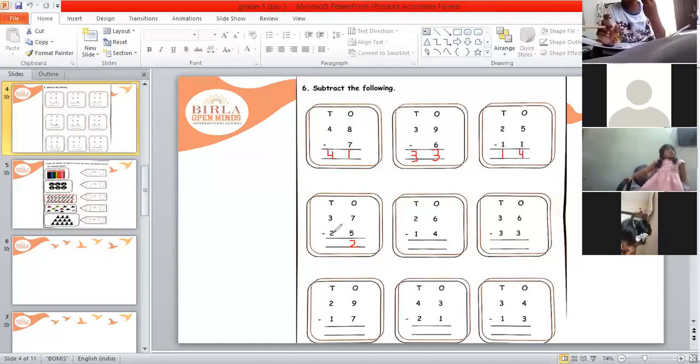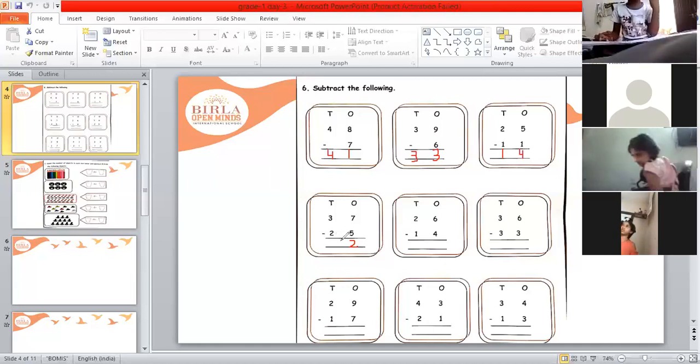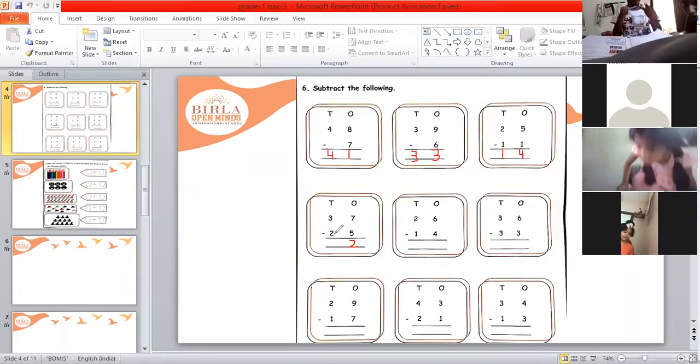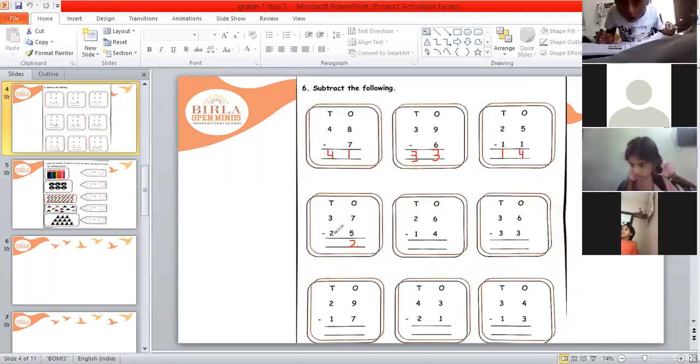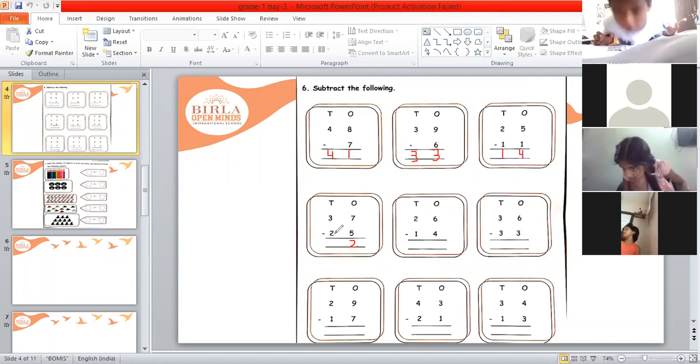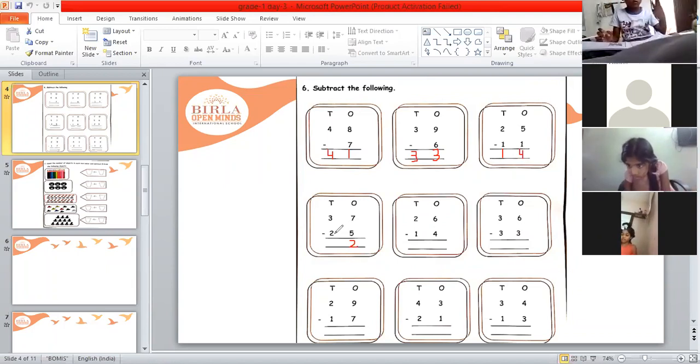No, after minus sign, in tens place, what is the number? 2, ma'am. Yeah, so remove 2 fingers now. How many are left? 1. Yeah, so we'll write here 1. So answer is 12. Now it's correct. Answer is 12.